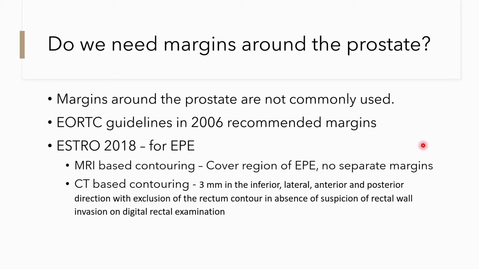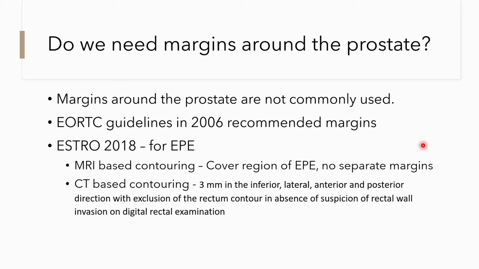So basically for conventional treatment planning, you needed to use slightly bigger treatment fields to make sure that even without IGRT, you're covering the target. Now, what does the current guideline tell us about margins around the prostate? If there is no extraprostatic extension, so if it is a T2 disease, then we do not need to do a margin expansion.